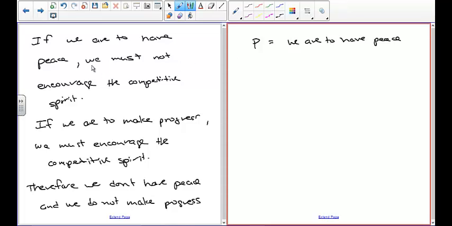Okay, the second part of the if-then statement is we must not encourage the competitive spirit. Well, I'm going to do the positive part. We encourage the competitive spirit.